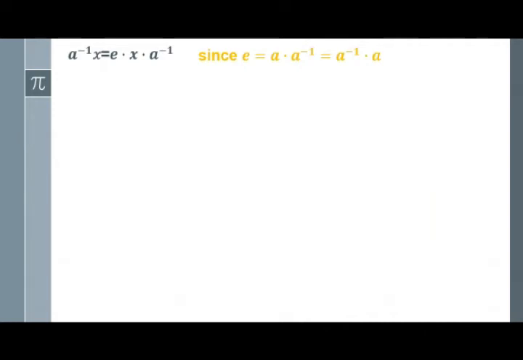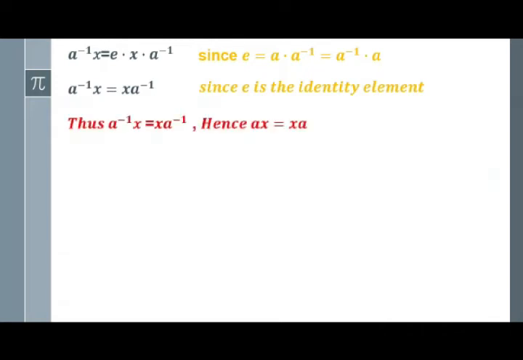Since E is equal to A times A inverse, which is the same as A inverse times A, then we have A inverse times X is equal to X times A inverse, since E is the identity element. And we know that anything times an identity element is equal to itself. Thus, we have proved that A inverse times X is the same as X times A inverse. Hence, AX is equal to XA.